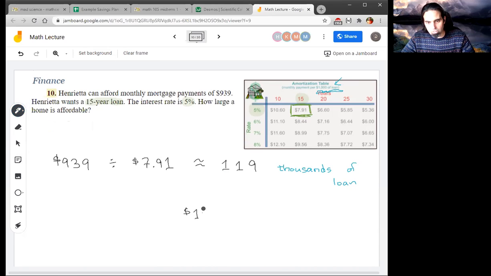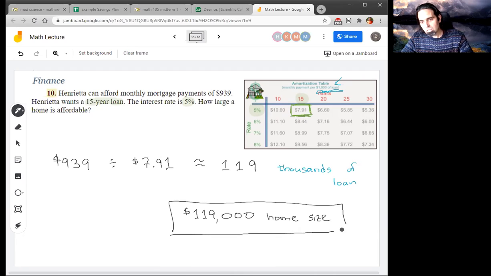We'll write this as 119,000 as the home size. And that's all there is to it. There's no big formulas. It's just a division problem. So far, so good. Ready to move on?